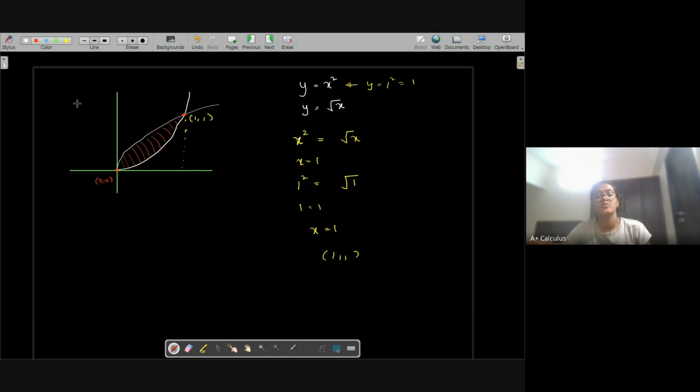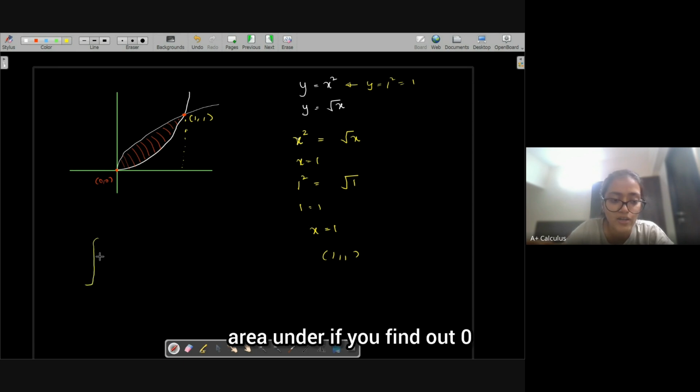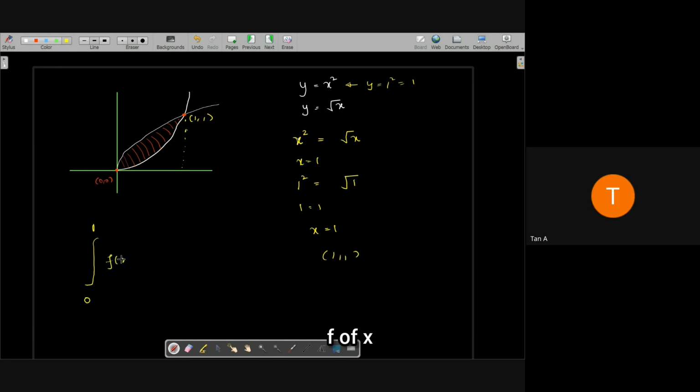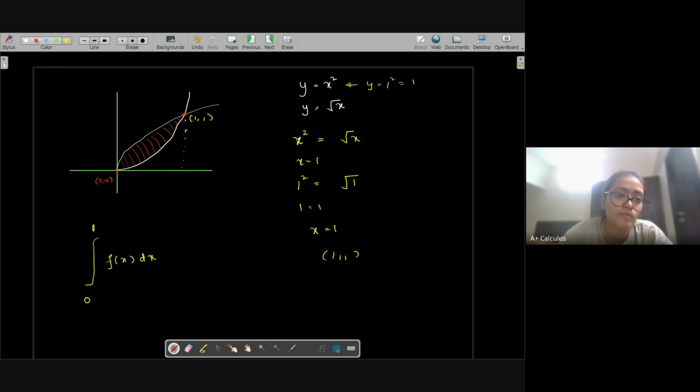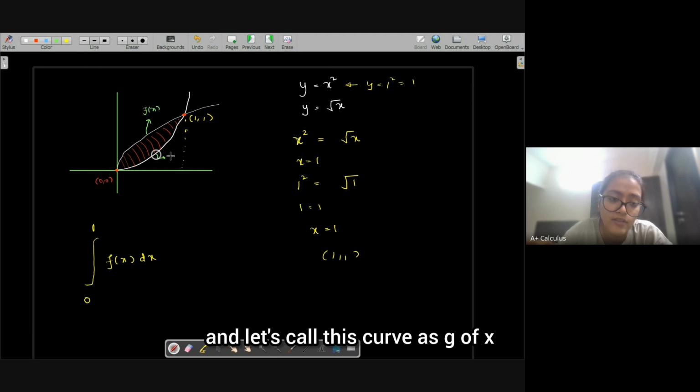Now, to find out the area, you should understand the logic behind it. You know that area under a curve, if you find the integral from 0 to 1 of f(x) dx. Let's call this curve f of x, and let's call this curve g of x.